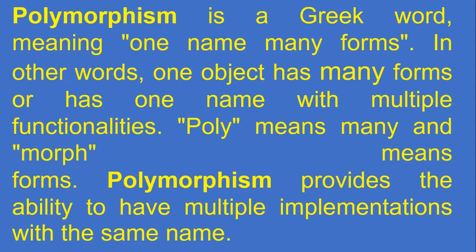In object-oriented programming like C++, not C, C is a procedural-oriented language, starting from C++ this concept of polymorphism is there. Remember this, polymorphism can be implemented with the help of function overloading.